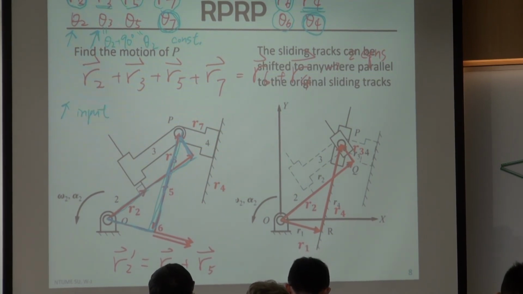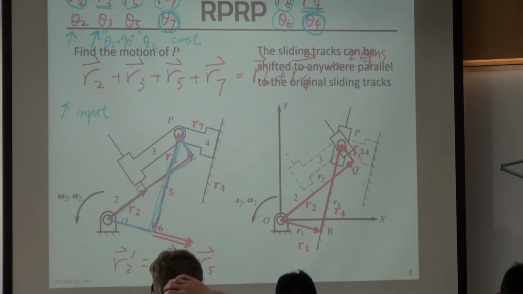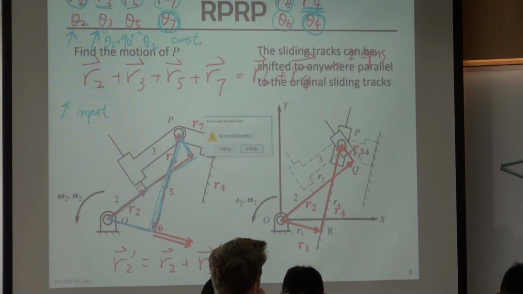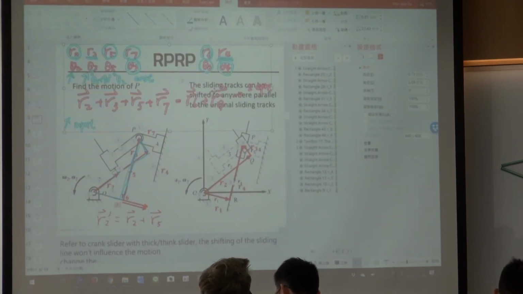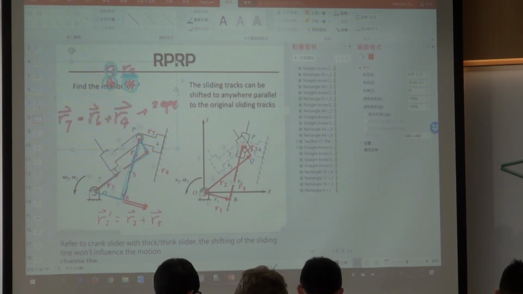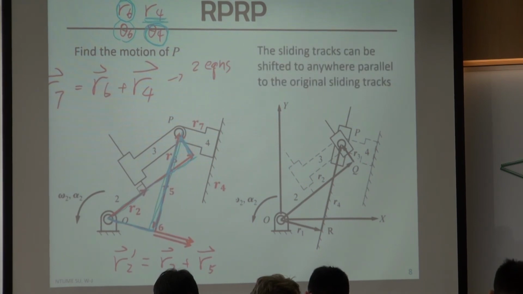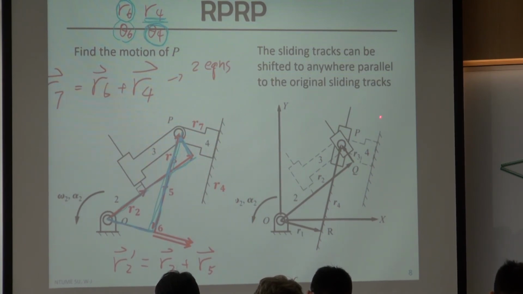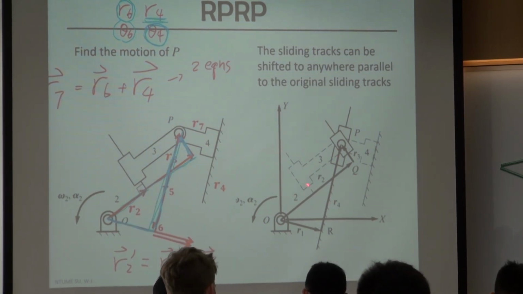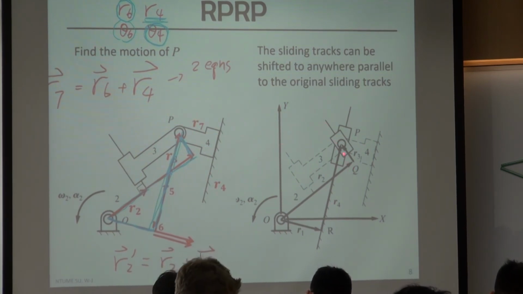The difference between these two mechanisms is that we simply shift the sliding track to the point P. Originally, the sliding track is here, but right now we shift the track and let it pass point P. But these two mechanisms should be equivalent according to our equation here.